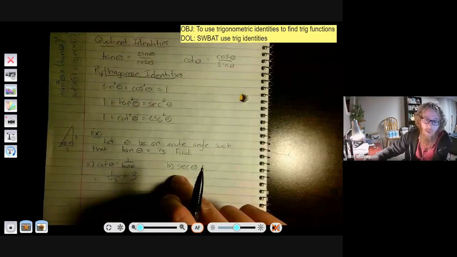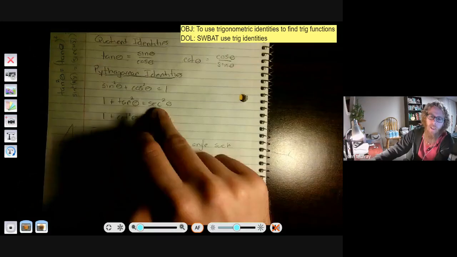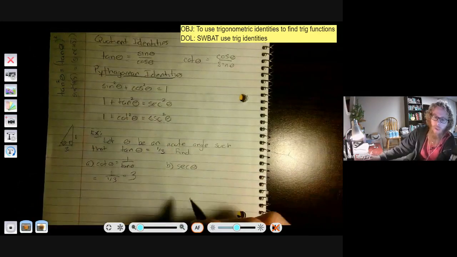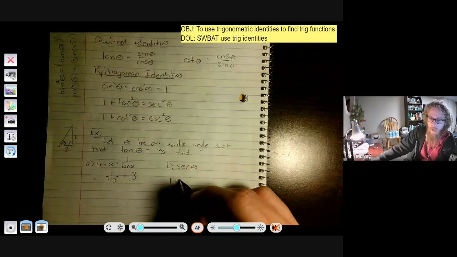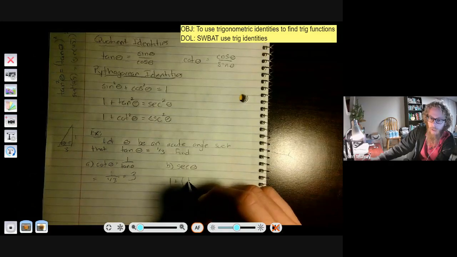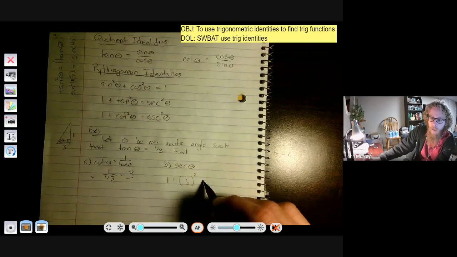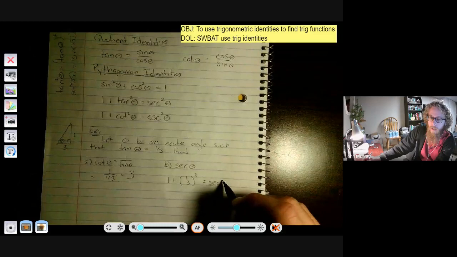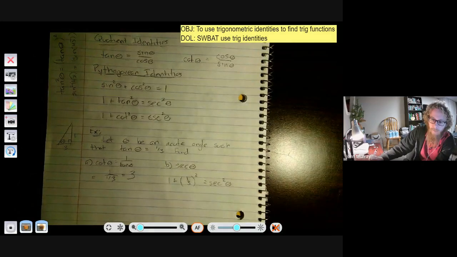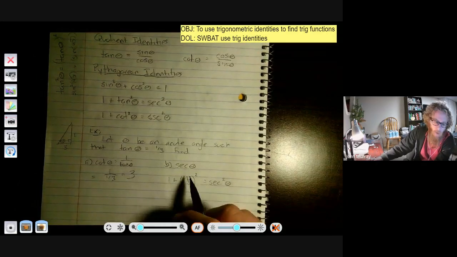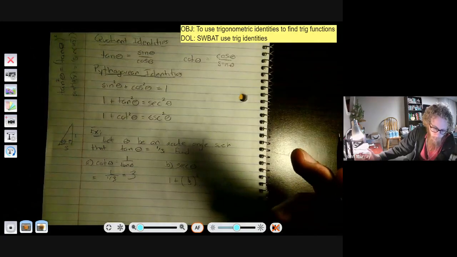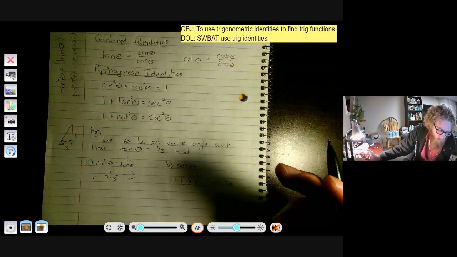So again, we have tangent and secant, right? Tangent and secant I see here, so let me set up 1 plus tangent squared, so that's going to be 1/3 squared, equals secant squared. Now we just go through basic algebra.